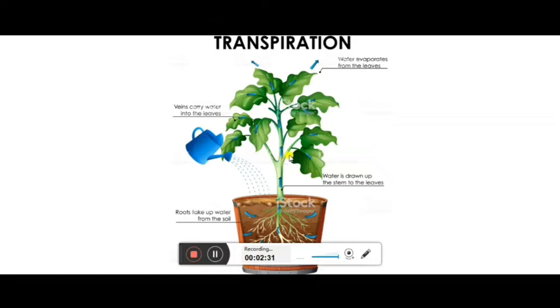Okay, but out of that only 1 to 2% is used by the plant. So a large amount of water is lost by the plants through the process of transpiration. There is no requirement of that much water, so that's why it gets evaporated into the atmosphere, and that is called transpiration.